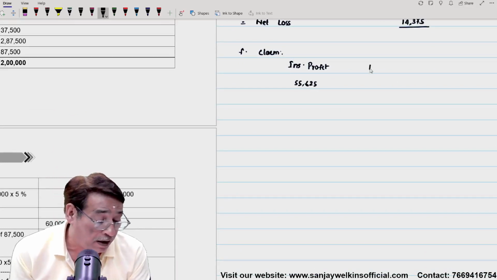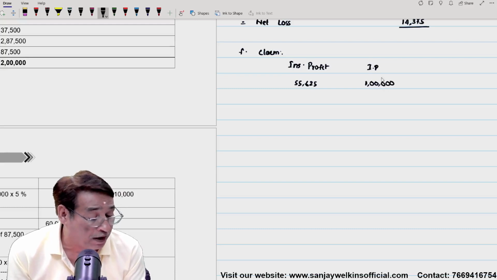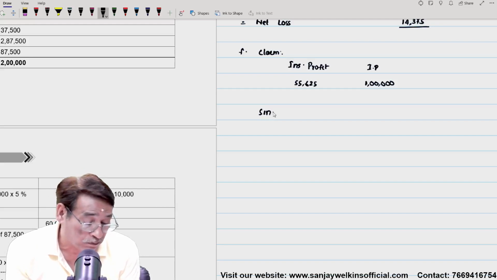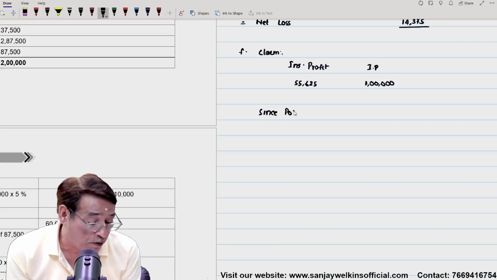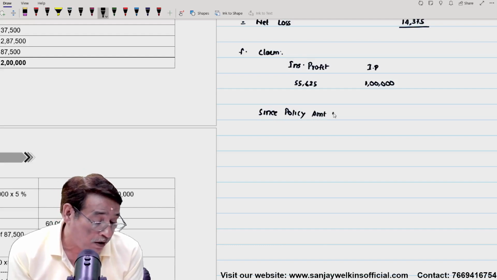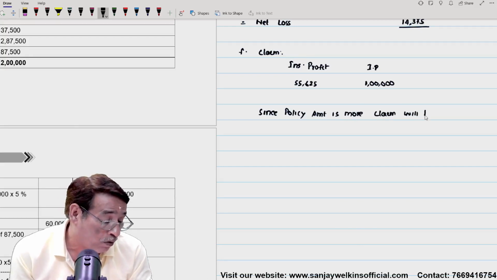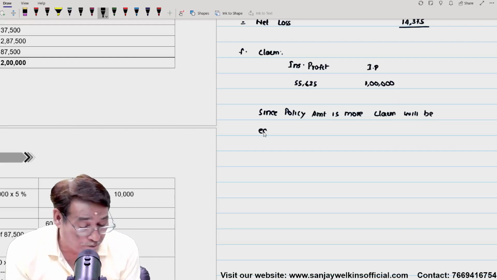55,625. And insurance policy. Insurance policy is 1 lakh. You have noticed once again that the amount of policy is more, since policy amount is more, claim will be equal to loss of profit.